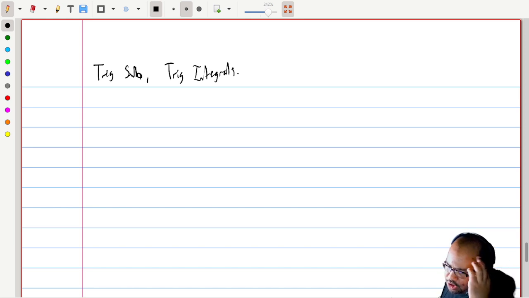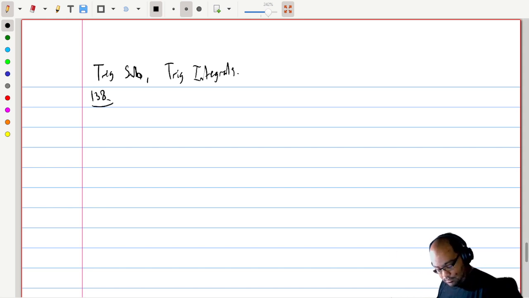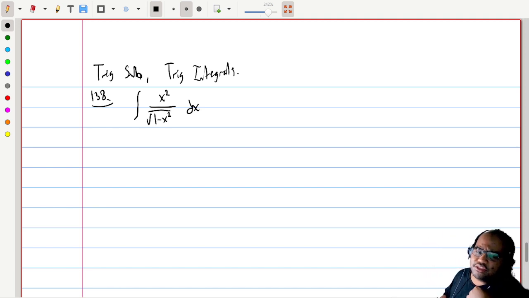Now I want to do this first one here. So we have x squared over square root of 1 minus x squared. A lot of the substitutions for the trig substitutions are motivated by those Pythagorean identities that we should remember from pre-calculus.